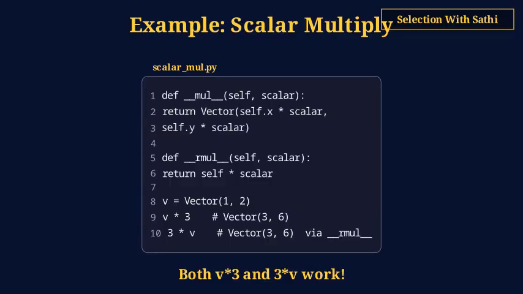It just calls self times scalar. Without __rmul__, writing 3 times v would fail with a type error because int.__mul__ doesn't know about vector. Both v times 3 and 3 times v now return Vector(3, 6).